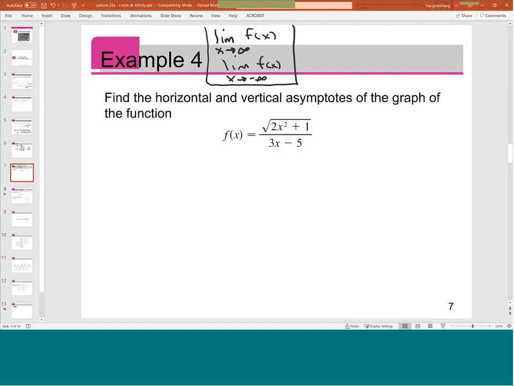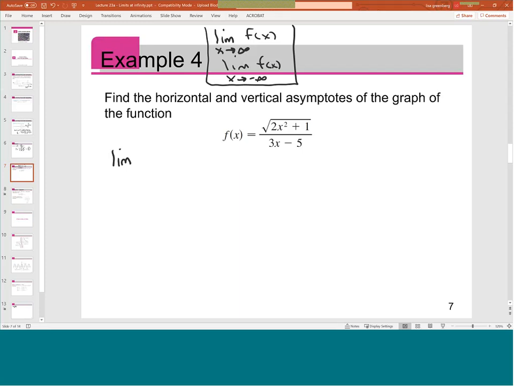It may not be true if I don't have a rational function. And here I don't have a rational function, so what I can have is more than one horizontal asymptote. We've only dealt with one horizontal asymptote in the past. Now I could have more. Okay? Does everybody understand so far what I'm saying? Yes. Yeah. So, okay, good.